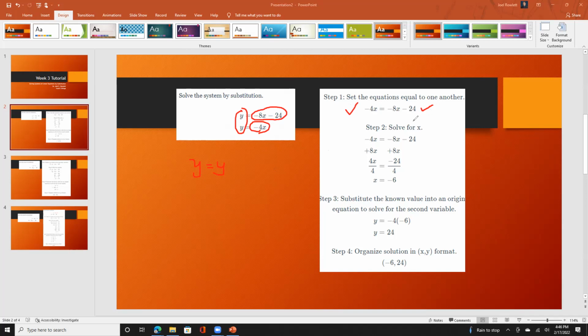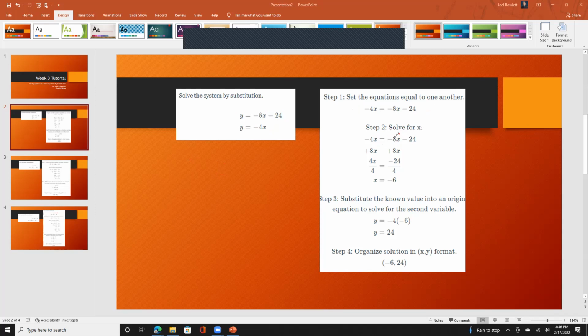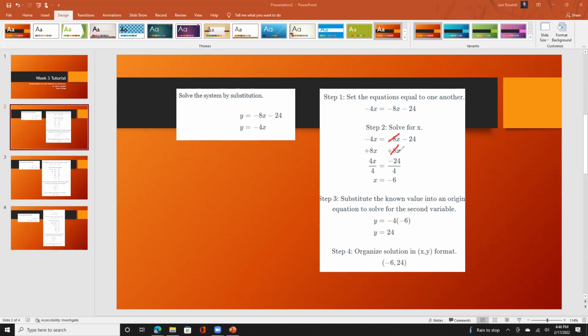Once we set the y's equal to one another, we want to solve for x. If you look at this side on the right, notice that there are two terms, and one of those terms contains our variable x. So what do we do? What they chose to do is add 8x to both sides. That allowed us to zero out the negative 8x plus 8x, which leads us to negative 24 on the right.